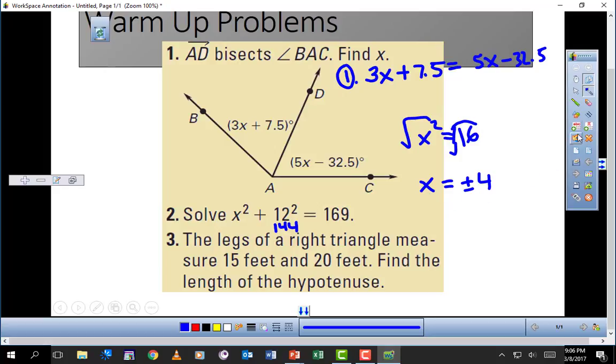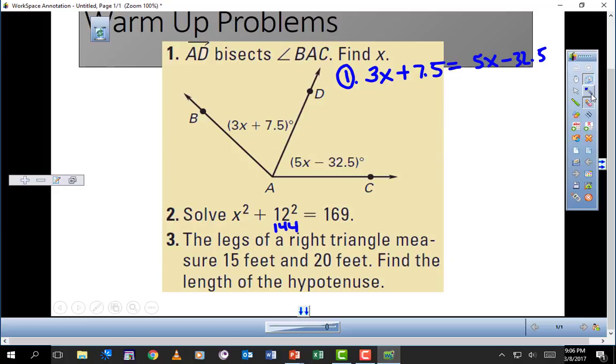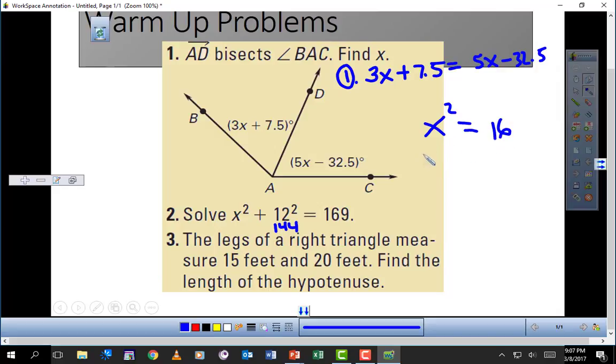That's a good question. So let's go back to the original equation, and we'll see something here. We originally started off with x squared is equal to 16. Well, we don't know what value x is. And it turns out that if x is equal to 4, like one possibility, why do we say that? Well, because x squared would be 4 times 4, and 4 times 4 does equal 16.